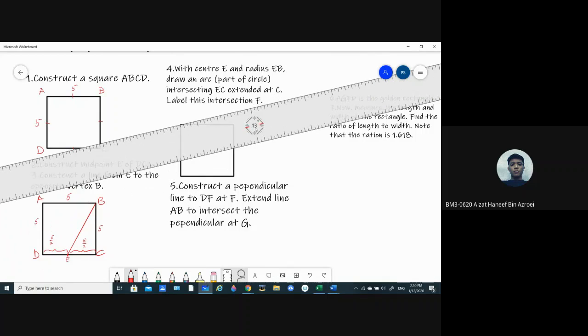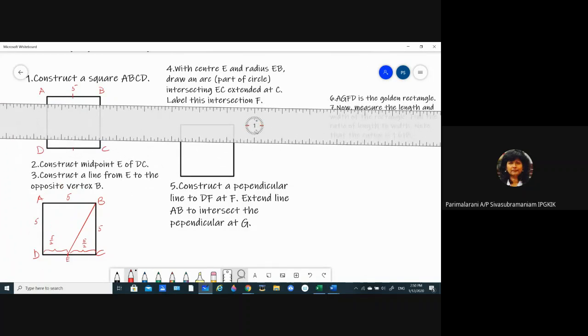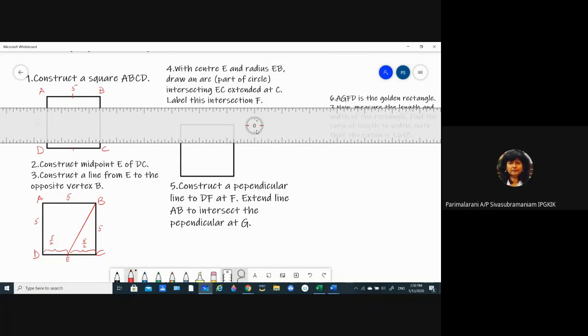Using Pythagoras formula, I'm going to find the length of EB. So EB will be the square root of 5 squared plus (5/2) squared, correct? So this is the square root of 25 plus 25/4.